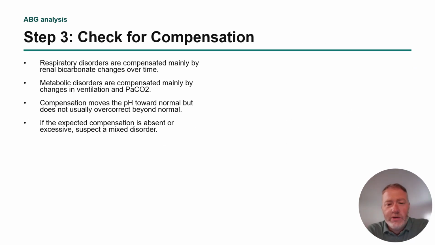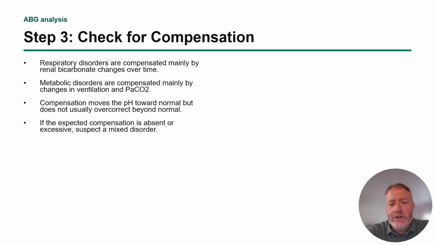Step three, once you've determined if you have an acidotic or an alkalotic pH and whether it's respiratory or metabolically driven, you check for compensation. So you look at the other value. Respiratory disorders are always compensated by renal bicarb changes over time.